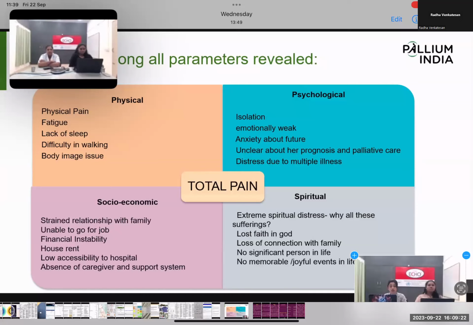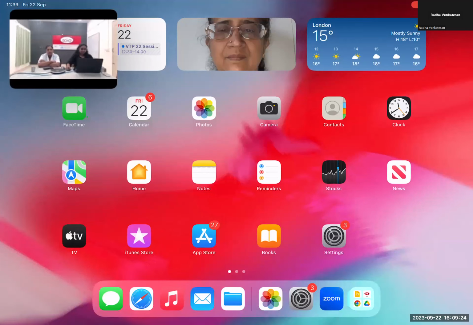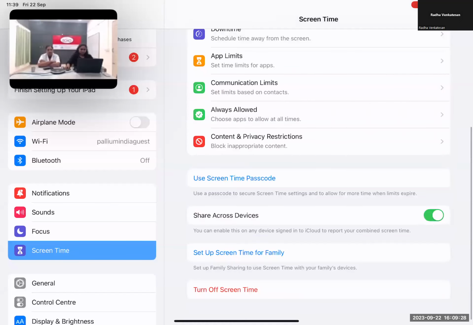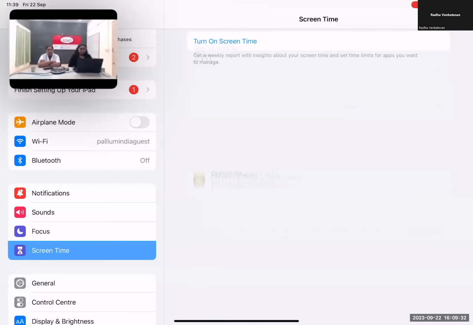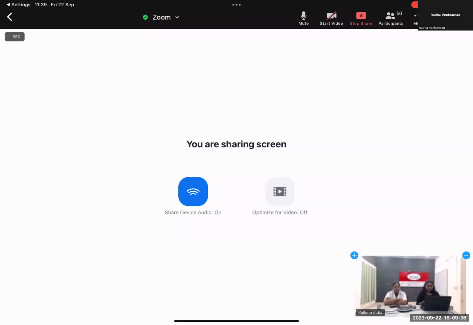So that is something all of us have to have in mind whenever you are going to assess someone for pain.